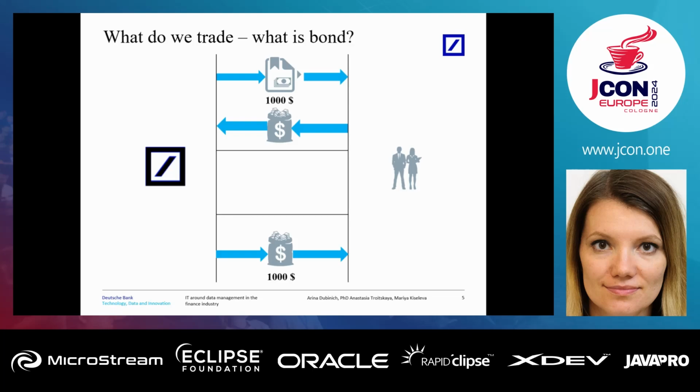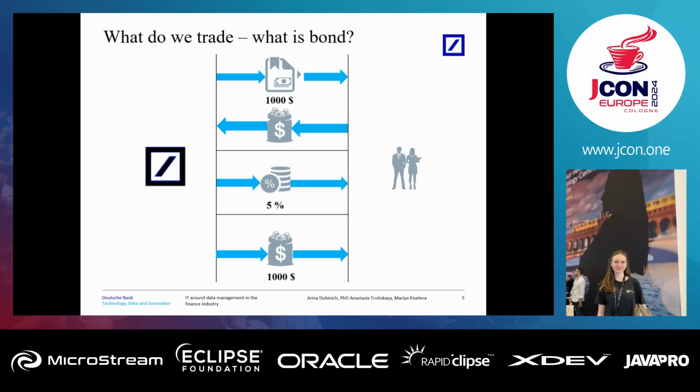Of course, this is not for free. The investor needs to receive income on such an agreement. So additionally, on this paper, I write down that, for example, once in half a year, I will pay interest, 5% in my example, on this $1,000 to the investor. Such a structure is named a bond. So to get the money, I, as a company, issue such an instrument.